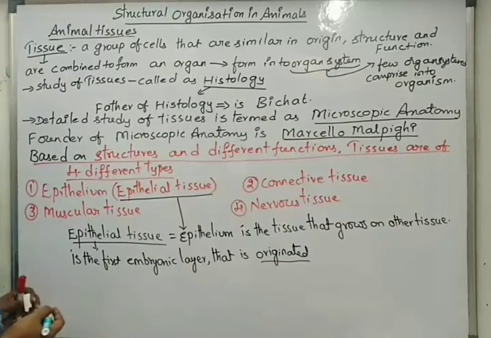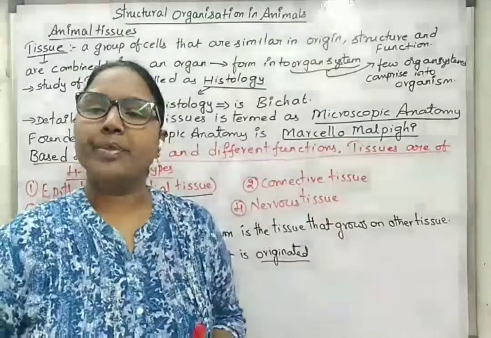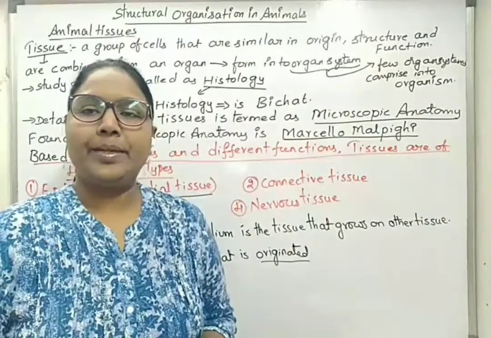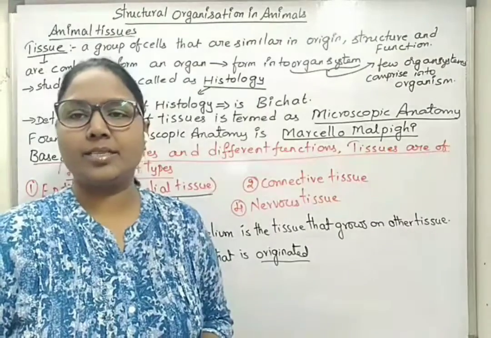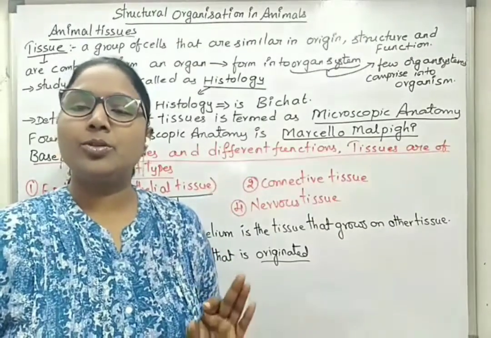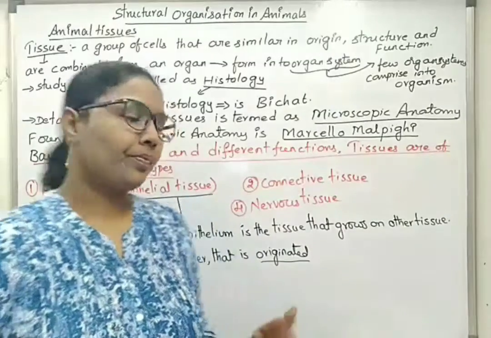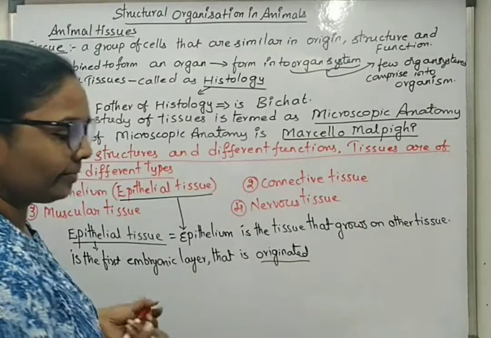During embryonic development, there are 3 different layers, which we call germ layers: ectoderm, mesoderm and endoderm. The first one is ectoderm, which is also termed epithelial tissue or epithelium.